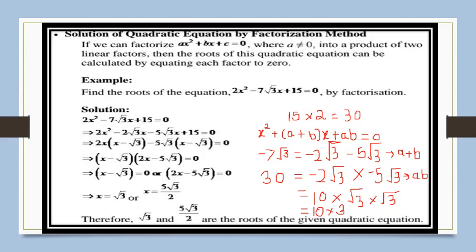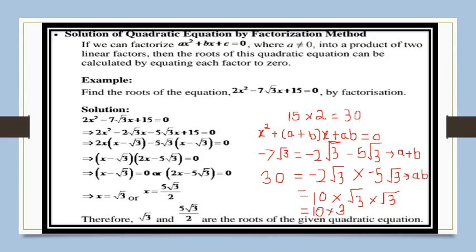Now how to manage this minus 7 root 3 in terms of the numbers so that its product is 30 and its sum or difference is minus 7 root 3. So here are the numbers. See here, 30: minus 2 root 3 into minus 5 root 3, that gives you ab.